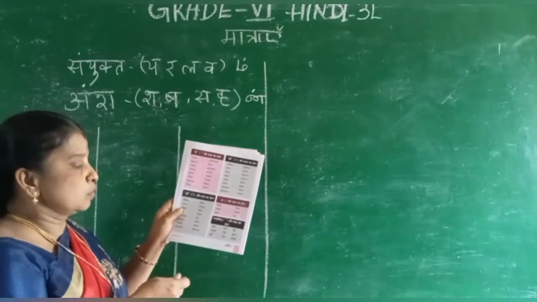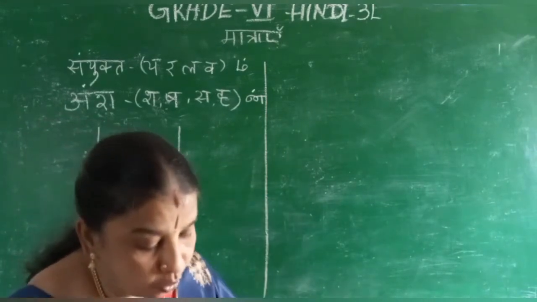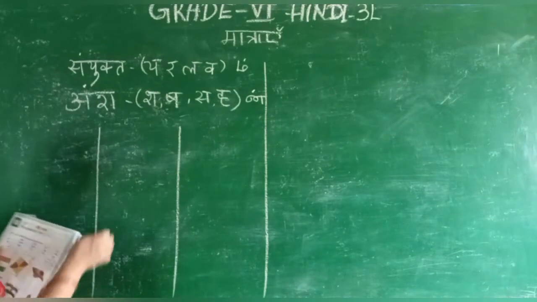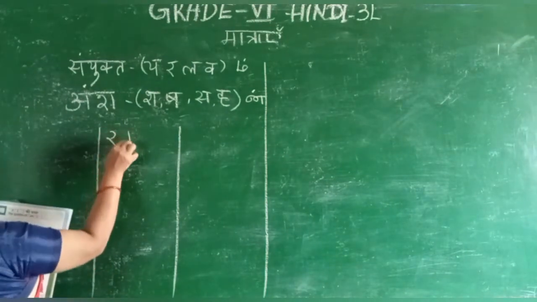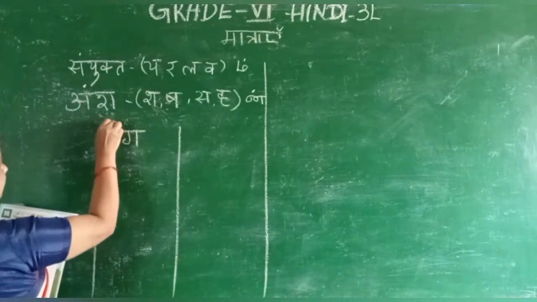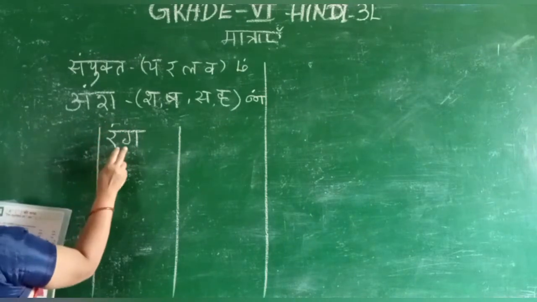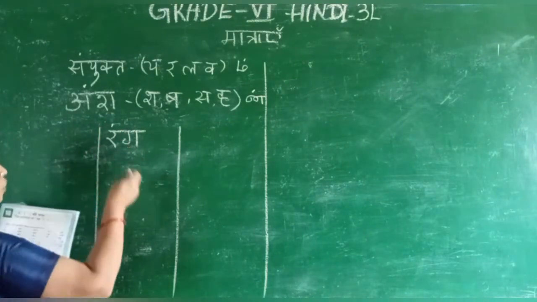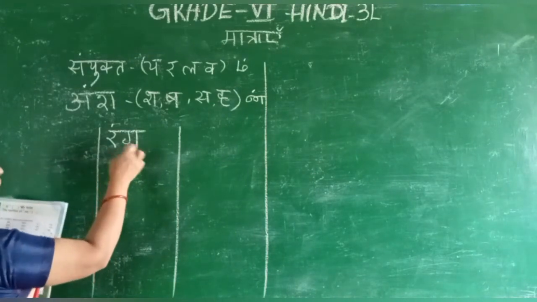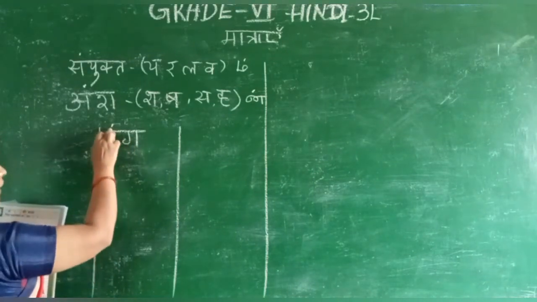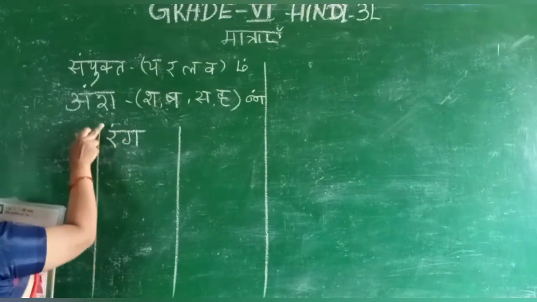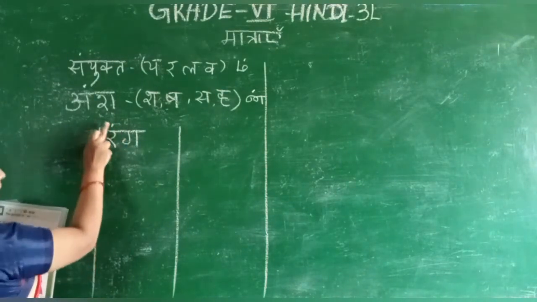Before that I am going to write some two-letter and three-letter words. Listen very carefully. After the dot, which letter came? Ga, ka varga. So if ka varga, what is the sound of the dotted letter? Ing, ra, ing, ga, rang.